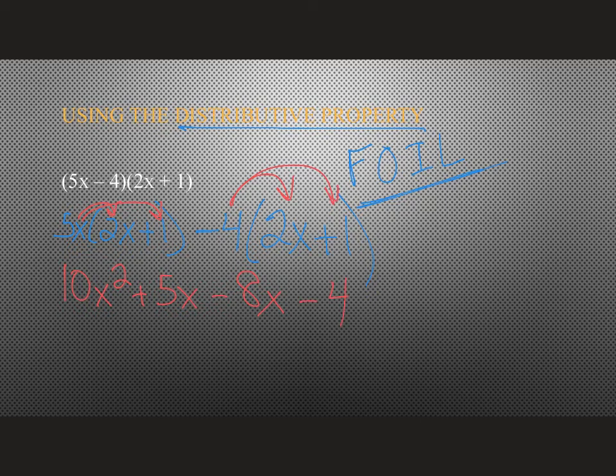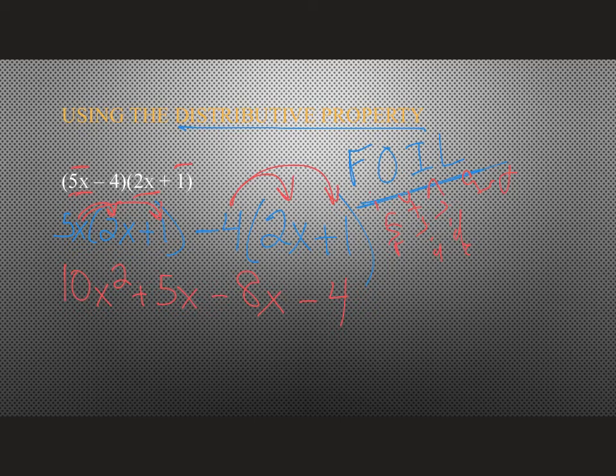If you'll notice, we multiplied the first terms, 5x times 2x. The last terms, 5x times 1. The outside terms. So this is first, outside, inside, and then last.